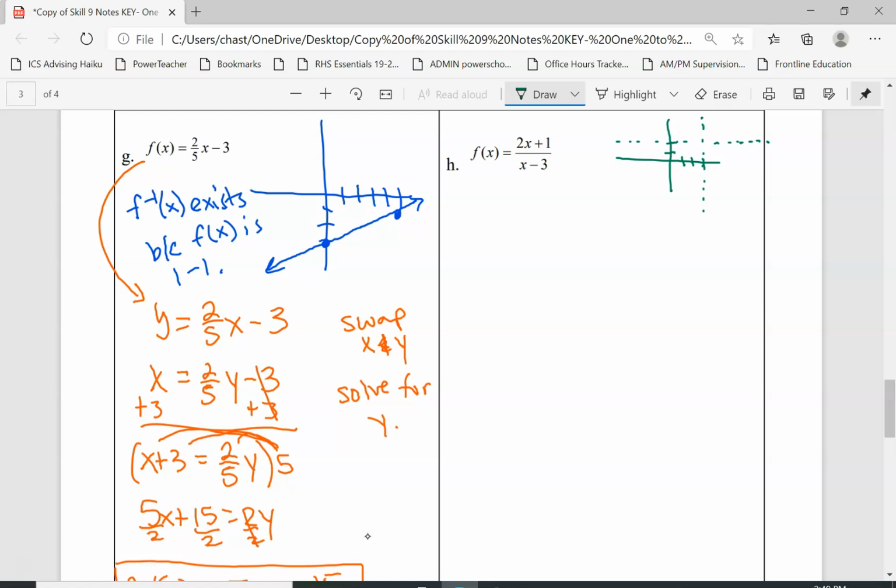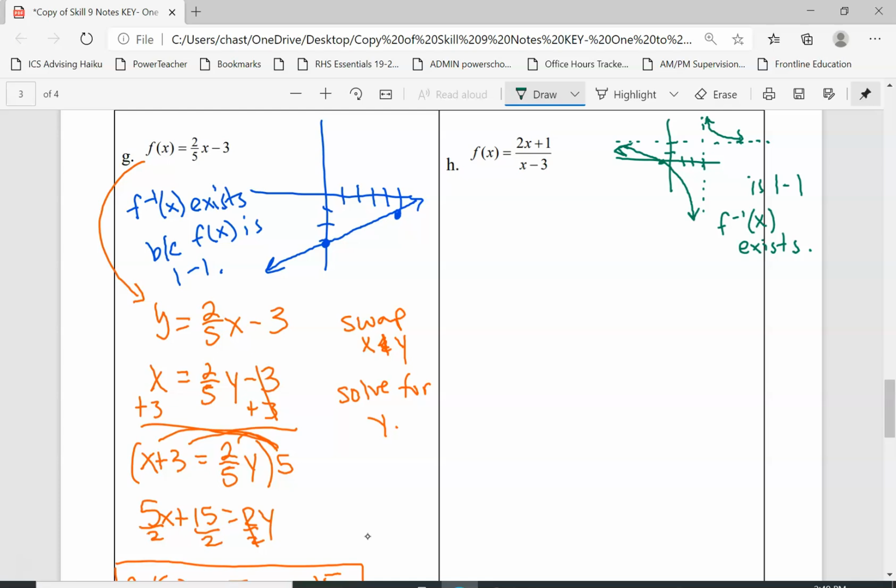And when I graph this, it's going to have an x-intercept at -1/2, so like right here. So the graph is going to kind of do something like this. And then on this side, it'll look like this. And looking at this, we can see that this will pass both the horizontal and vertical line test. So this is 1-to-1. So that means f inverse of x exists.